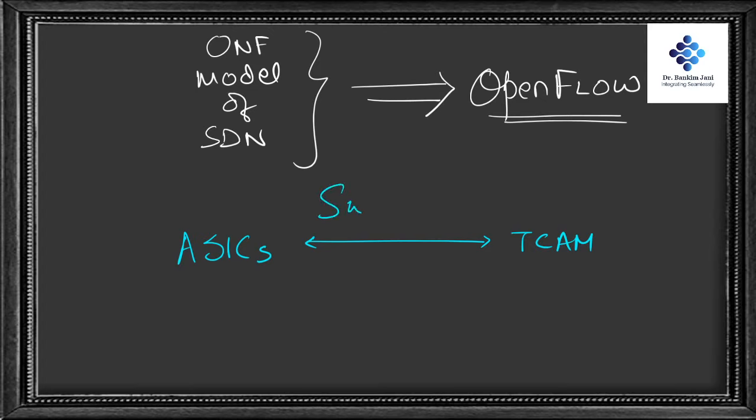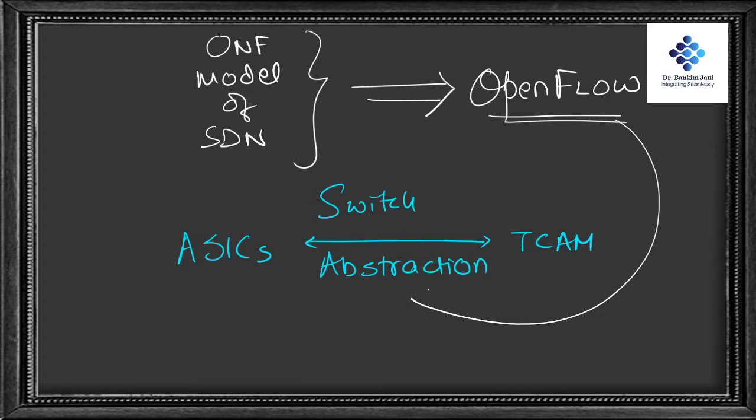And this concept, which is called switch abstraction, OpenFlow jumped into this. It said that yes, I'll be helping with this switch abstraction, and that way I'll be more efficient than a layer 2 or layer 3 switch. Any brand, no problem, I'll take care of it. So this was the OpenFlow concept.